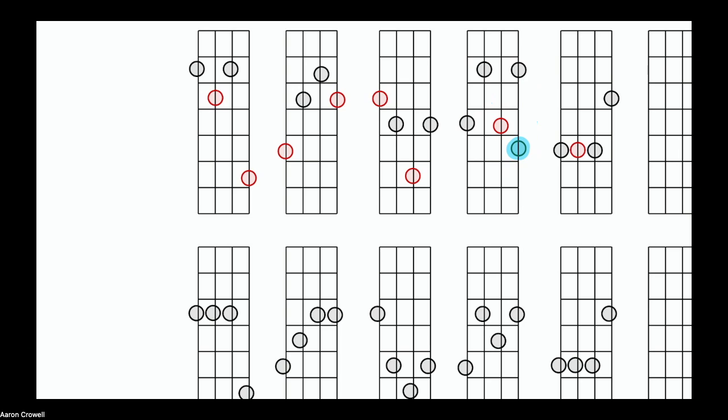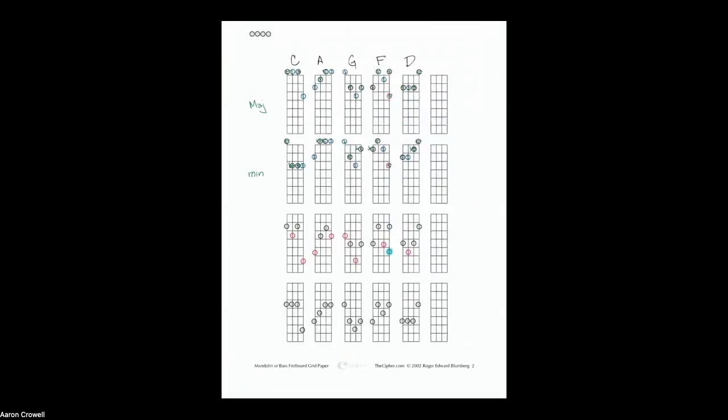Now, last but not least, the D shape diminished. We grab this and move it down here. The letter names above there are still pertinent, but these are our shapes.